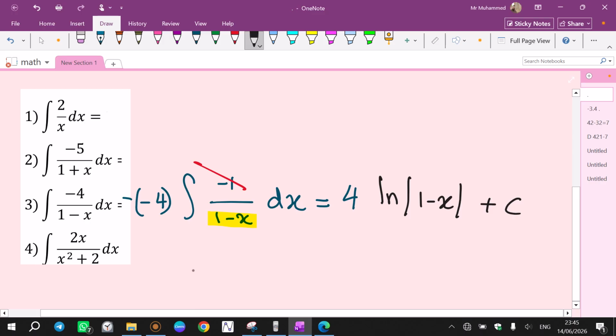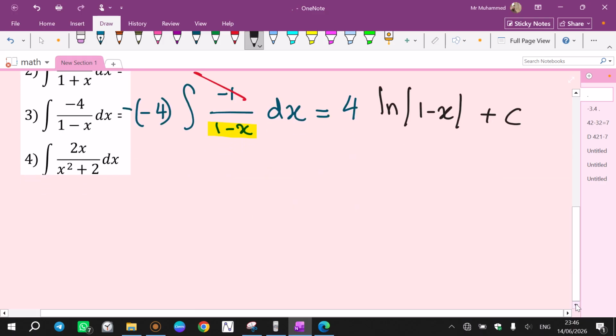Question 4. Again, derivative of denominator should be available in the numerator, then it will be ln. Now I have integral x squared plus 2, and I have 2x up. What is the derivative of x squared plus 2? Derivative of x squared plus 2 is just 2x.